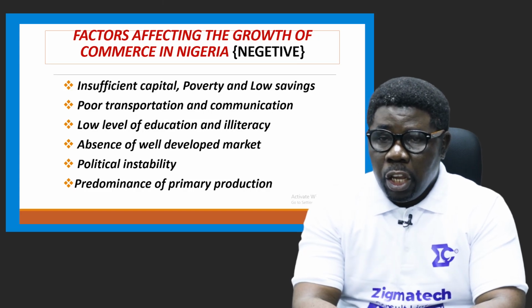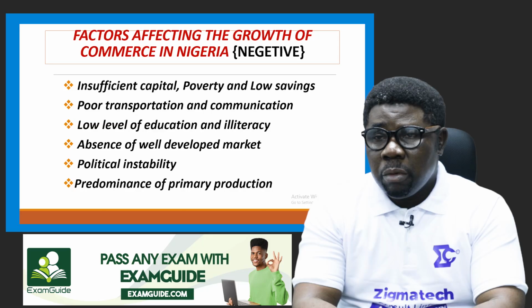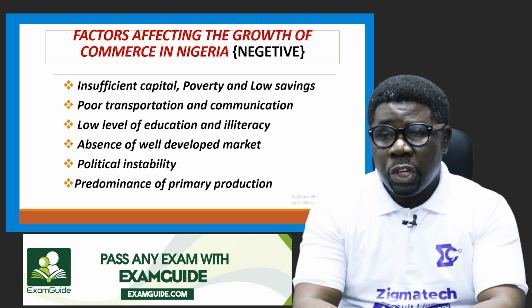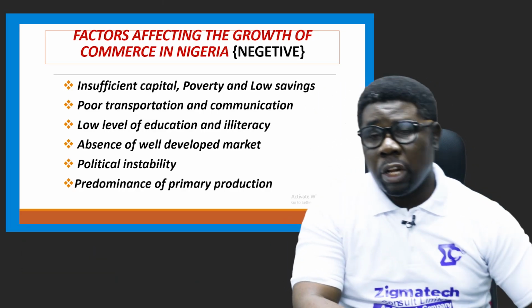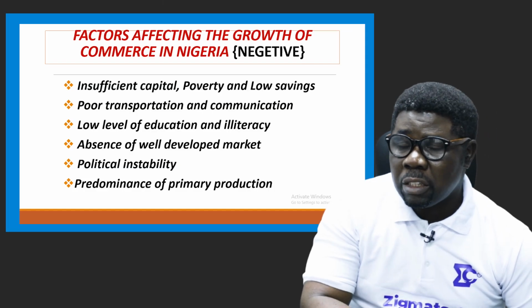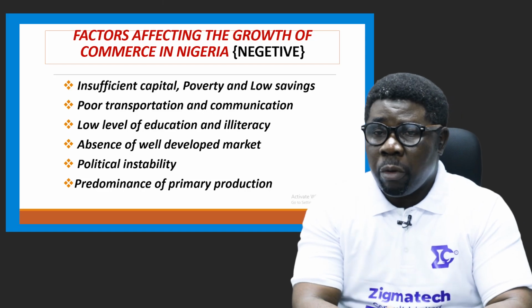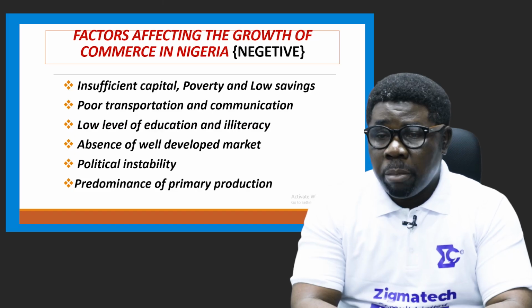So if a country's products are always and only primary products, they will not actually enjoy commerce as much as they should, because commerce is more profitable when you're dealing with services and also finished goods in transactions. So with a community or country that has primary products as their main source of income, there will not be adequate growth of commerce in that kind of economy, because they are limited by only primary products.